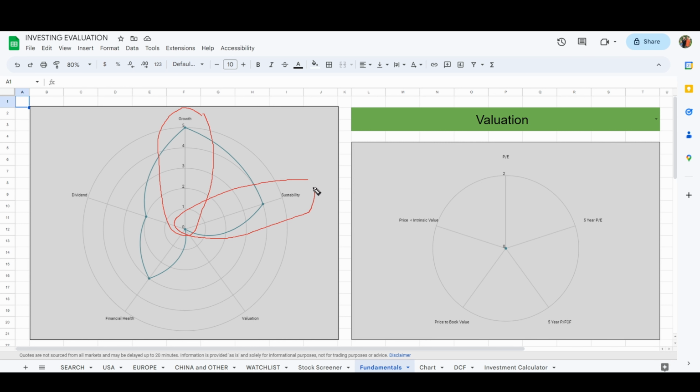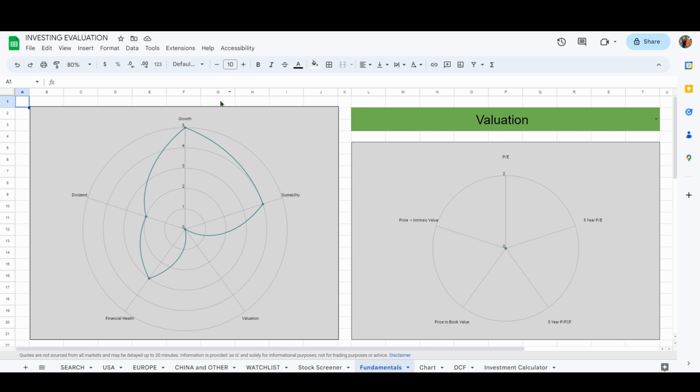In terms of sustainability, how good is the company? In valuation, how good is the company? According to financial health, how good is the company? And according to dividends, how good is the company? It basically ranks them on each of these on a scale of 0 to 5.